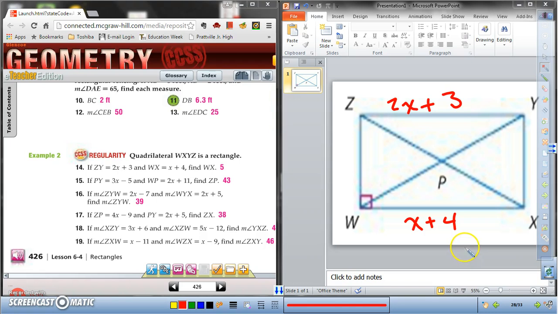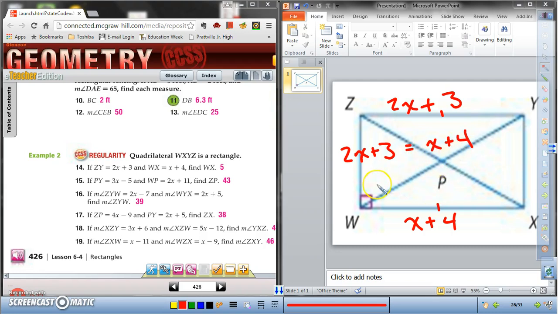And for me to find this side length, I first have to know what the value of x is. So I have to find some way to relate these two expressions to one another. Since this is a rectangle, I know that opposite sides are congruent, meaning that 2x plus 3 is equal to x plus 4.